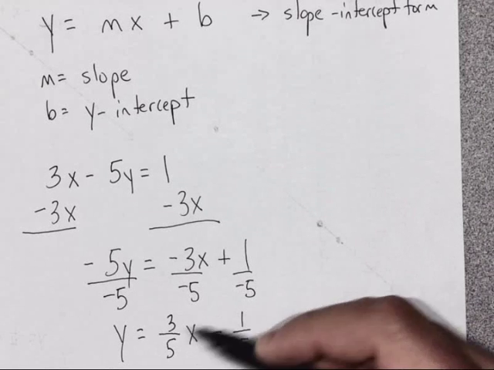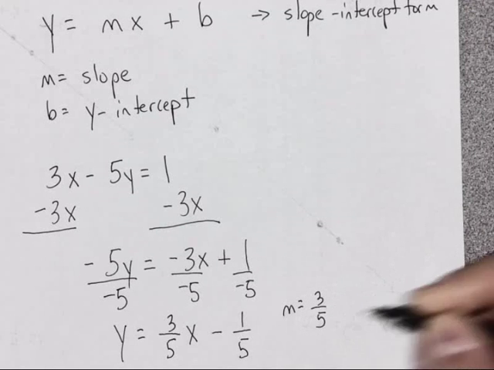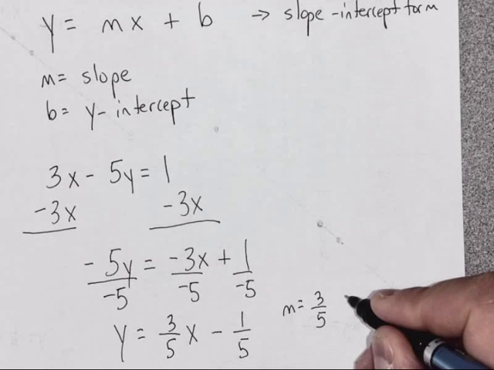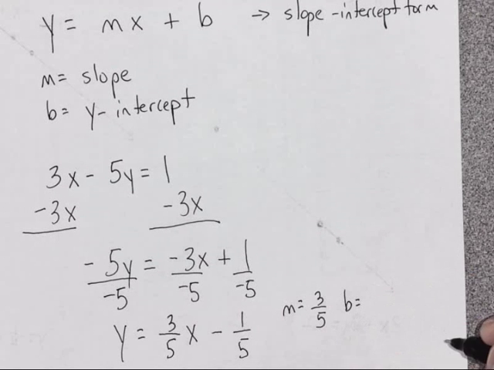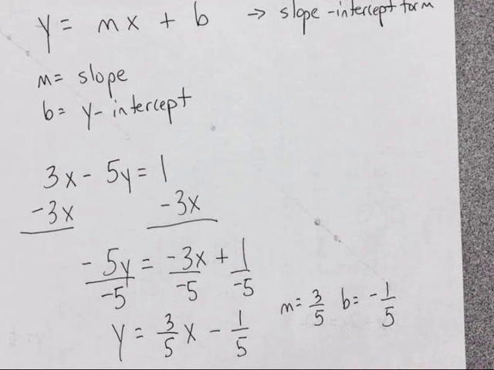The coefficient of the x term is the slope, so the slope is going to be 3/5. And then the constant, that is the second term, is the y-intercept. That's what we call b. So that's where our graph is going to cross the y-axis, which is -1/5. And we're actually going to use this quite a bit, especially in future sections.